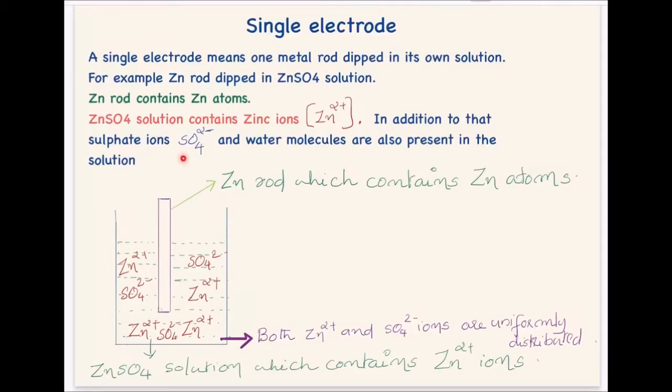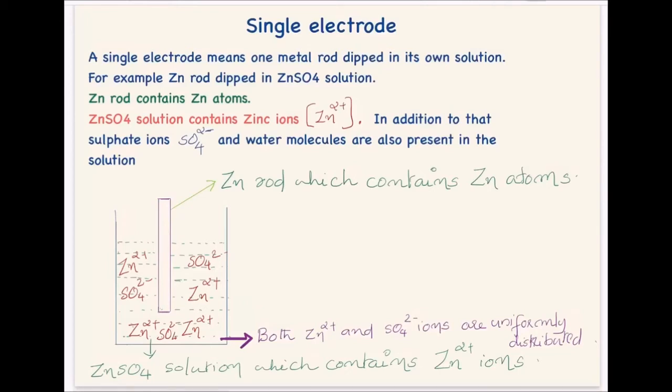In addition to zinc ions, sulfate ions are also present in the zinc sulfate solution, as well as the water molecules that you used to prepare zinc sulfate solution. Now, if you dip zinc rod in zinc sulfate solution, what are the possibilities? Whether any reaction will happen or not, that we are going to check.